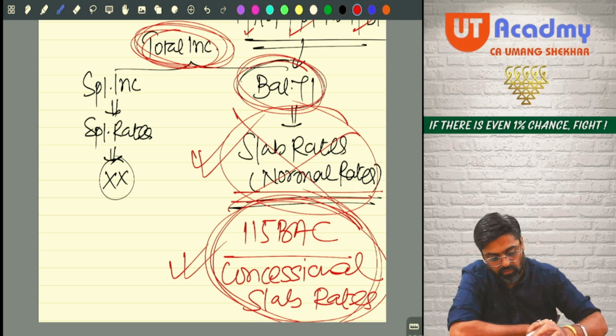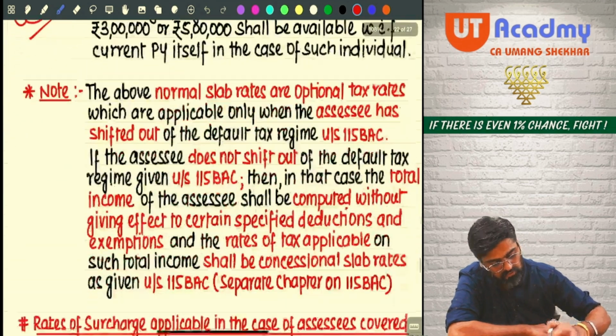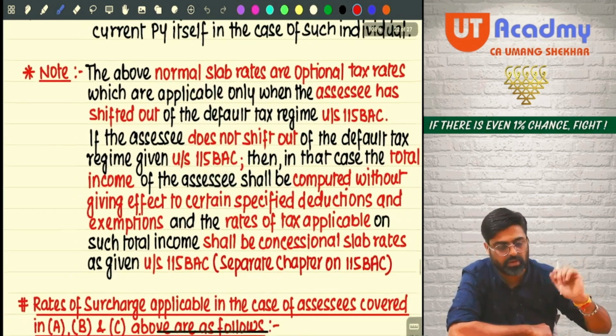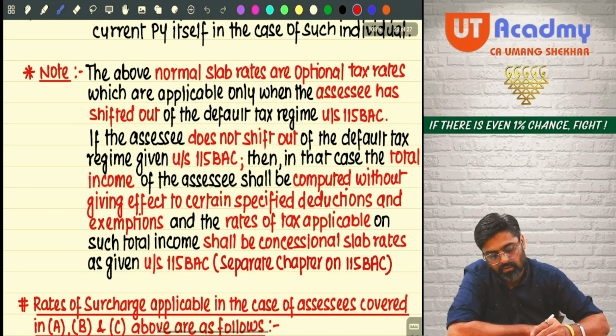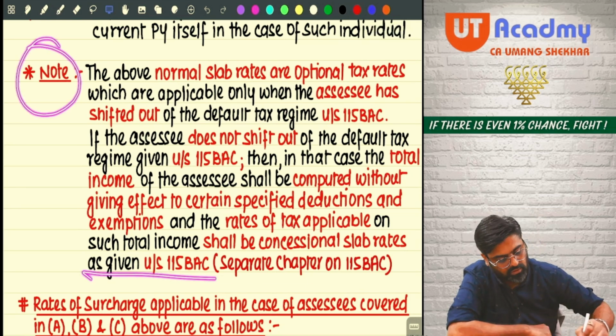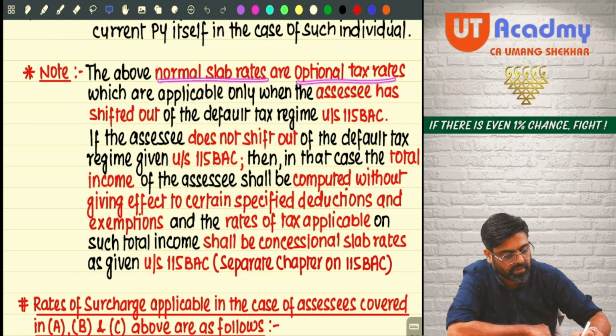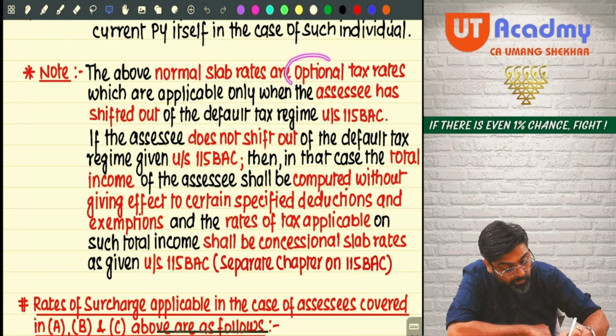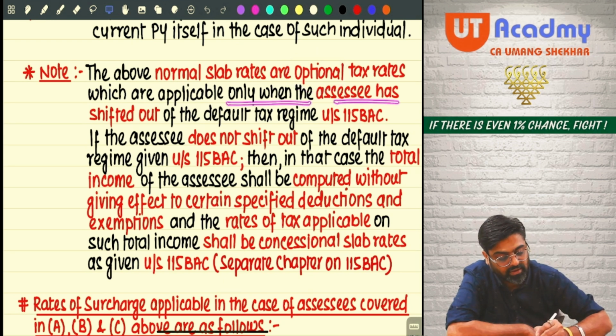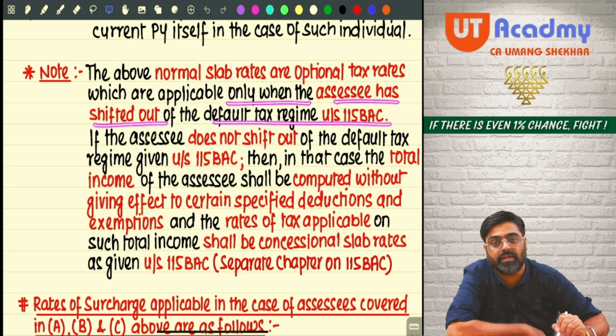Now please read this note. This entire note. The above normal slab rates are optional tax rates which are applicable only when the assessee has shifted out of the default tax regime under section 115 BSE.